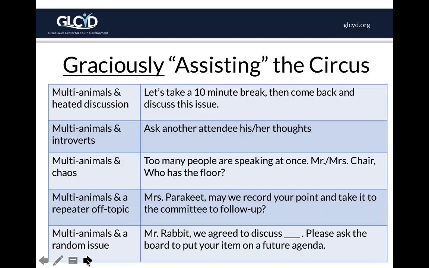Now, I've created two slides based on those constructs, because when I was thinking about my personal pet peeves, and then reading some others, it really came down to not keeping in mind those two constructs, either the multi-animals or the process. So this first one, I call it graciously assisting the circus, because it's the multi-animal syndrome.